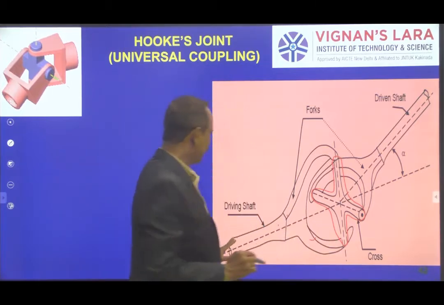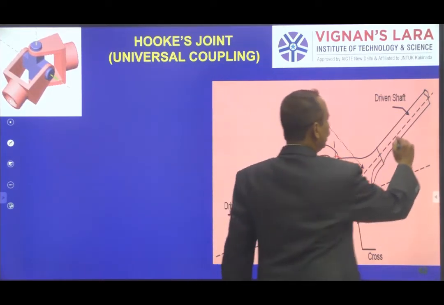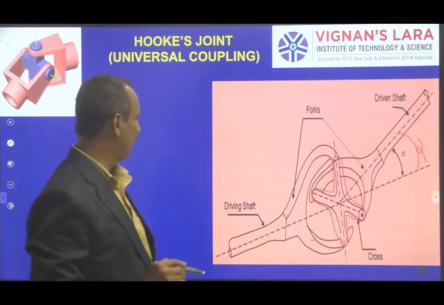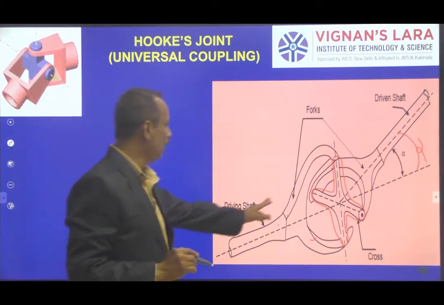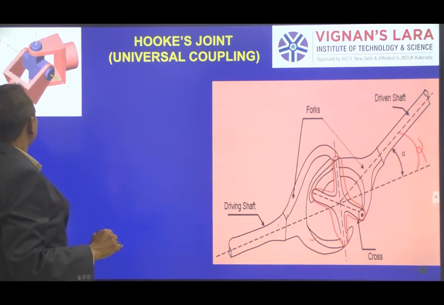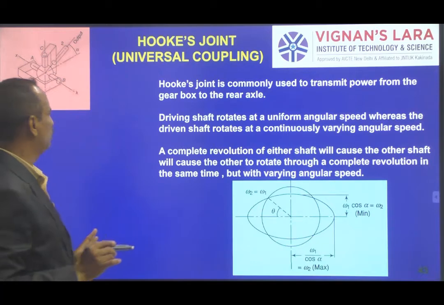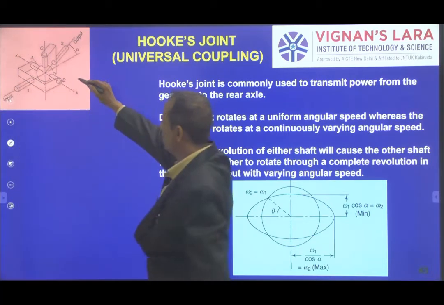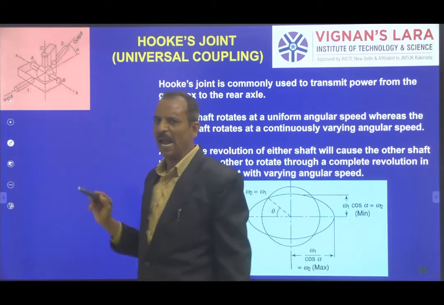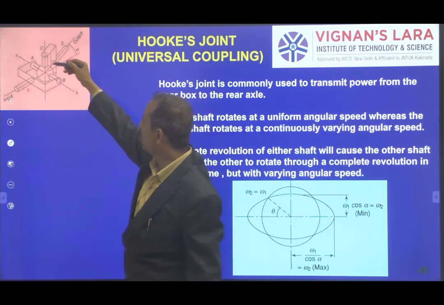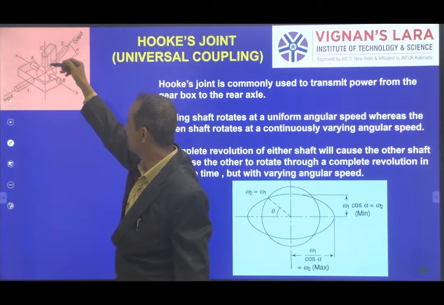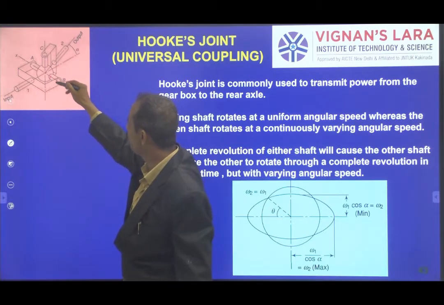And this is the driving shaft and this is the driven shaft, and the angle between the driving shaft axis and driven shaft axis is alpha. This is the angle between the driving shaft and driven shaft. Okay. Now, what is my objective? My objective is the same thing once again shown by taking the cross into a simple actual working model, making the center like a sphere and projecting two cylinder pins top and bottom to accommodate bearings.